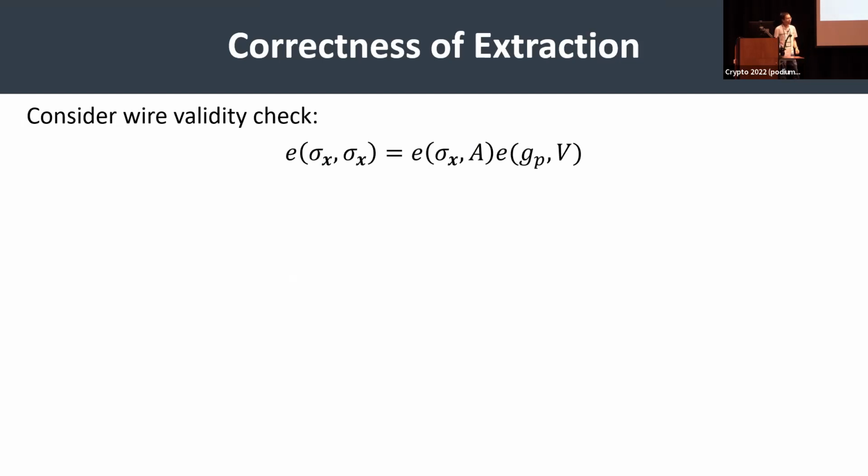Let's study this equation in more detail. What components does the adversary control? Well, the adversary gets to choose the commitment. We don't know how the adversary comes up with the commitment. It cooks up an arbitrary group element. That's the commitment. And it can also choose this arbitrary opening or arbitrary proof V for satisfying the wire validity checks. Those components are under the control of the adversary.